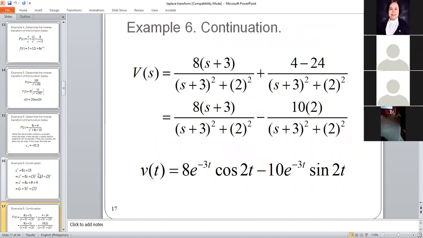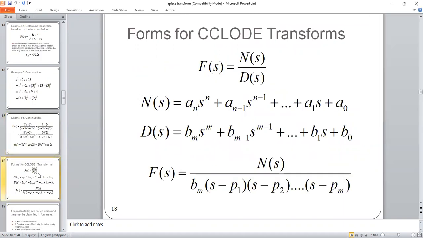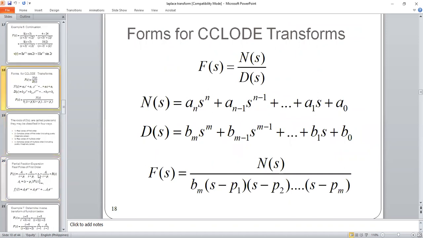So for this afternoon, we will now think of inverting function of s expression in which both the numerator, you can see here an n, and the denominator are, shall I say, polynomials in form. Now you may wonder, where will we get this particular expression, Miss Ali? We are going to study the solution of higher order linear differential equations with constant coefficient.